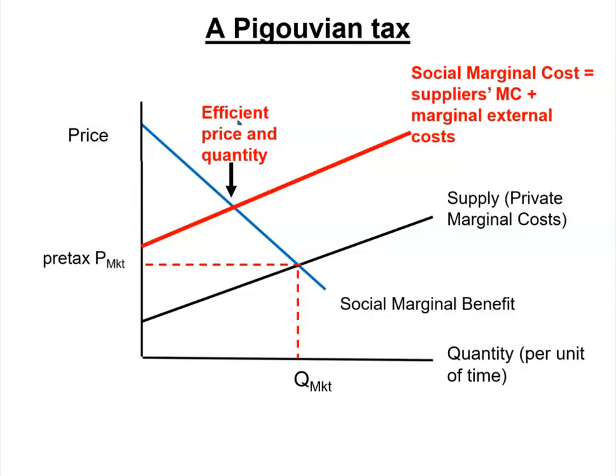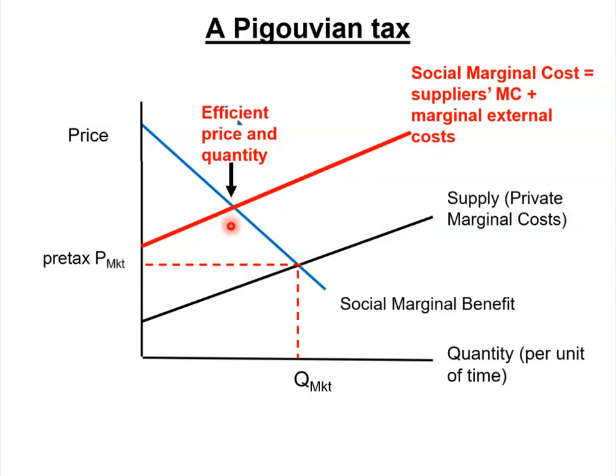So his solution has been called a Pigovian tax, named after him, obviously. And the idea is to find a way of bringing about this efficient level of production.